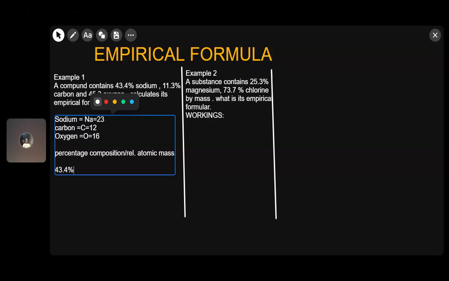The relative atomic mass for sodium is 23. So for sodium, we have 43.4 all over 23.